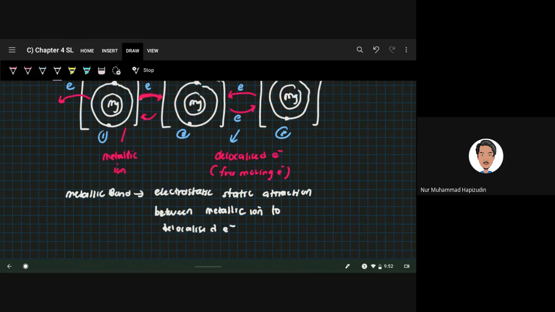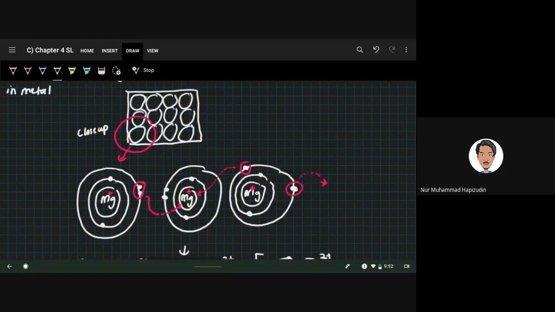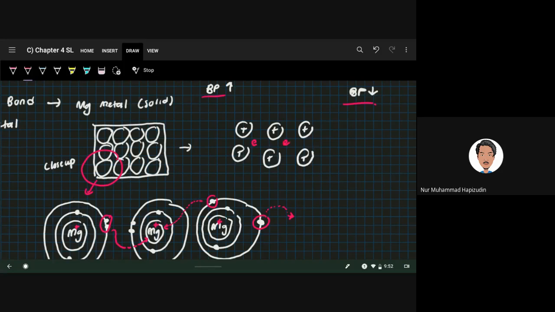Please remember the definition. Okay, that is why actually structure for the metallic bond begini sebenarnya. Structure dia sebenarnya macam ni. Positive, positive, positive, positive, positive, and in between have the delocalized electron.